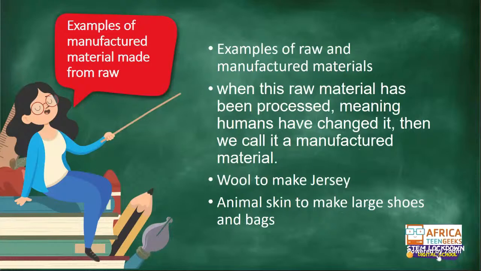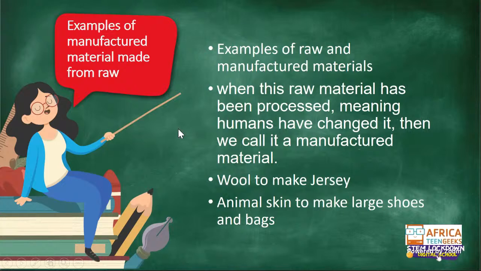And then examples of manufactured materials. We have a few examples that will be given to say, okay, these were raw materials that have been manufactured or processed so they can form manufactured materials.